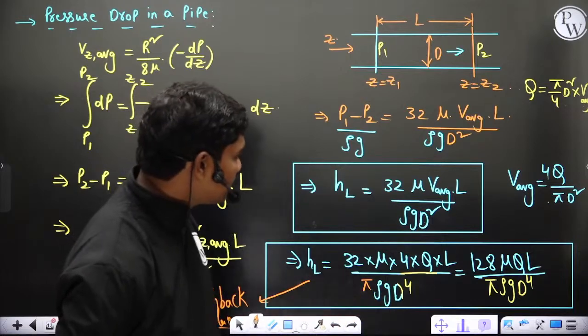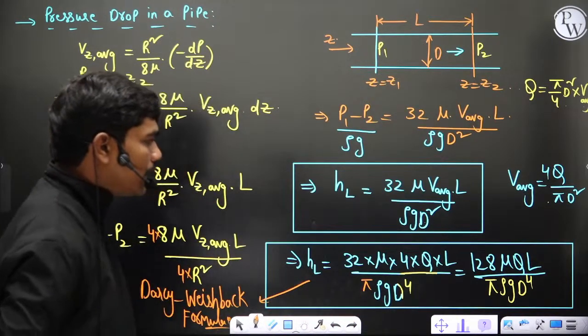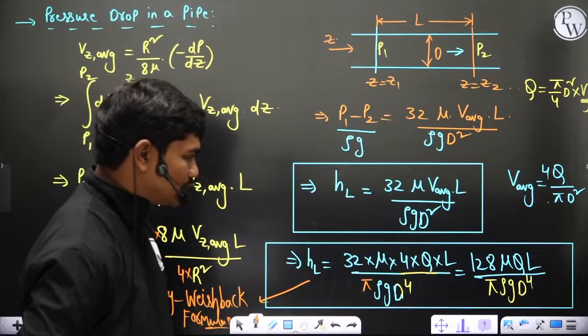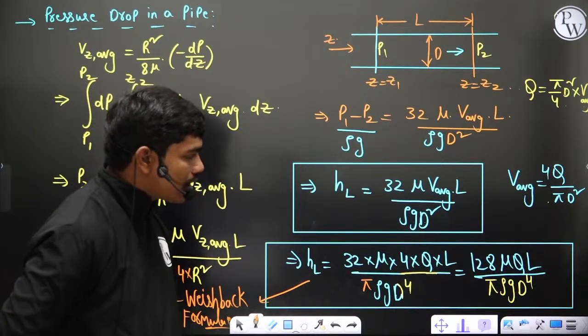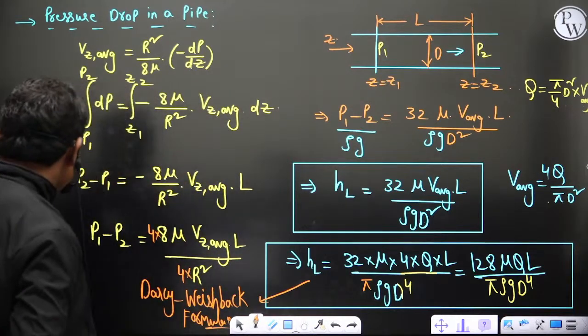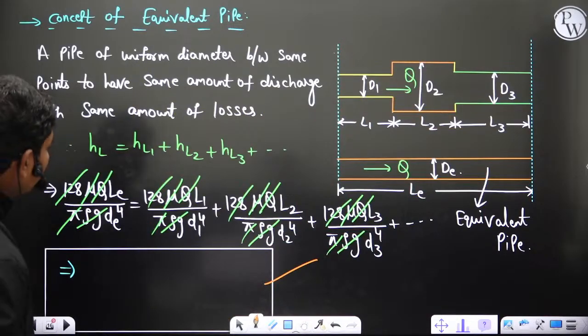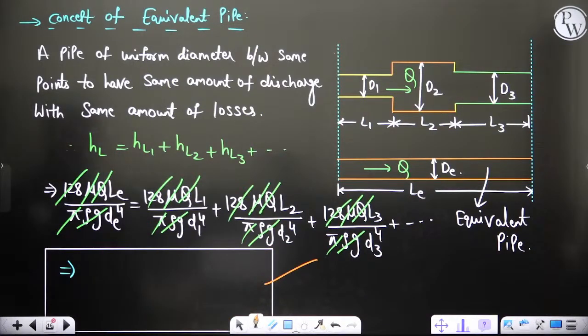If this is correct, then how come we are getting a 5 there? 128 mu Q L, Q is discharge, yes. L pi rho g D power 4. What can we do to get one more diameter?